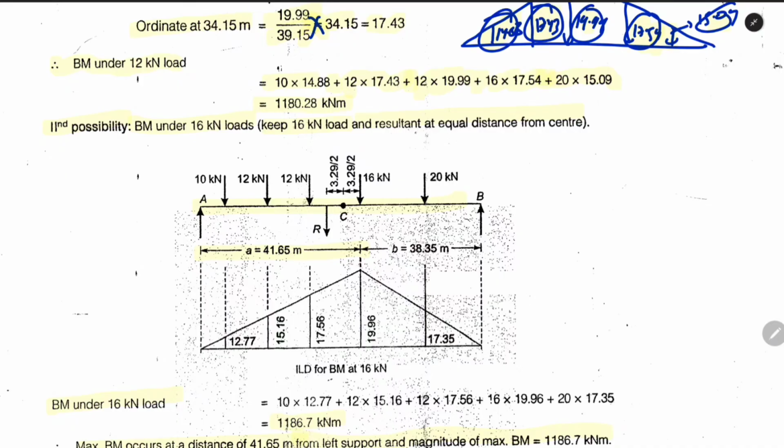But here the problem is that this value is actually wrong. This will not be 3.29, but this value will be 5 minus 1.17, that is 3.83.